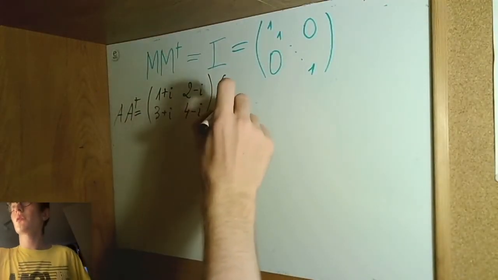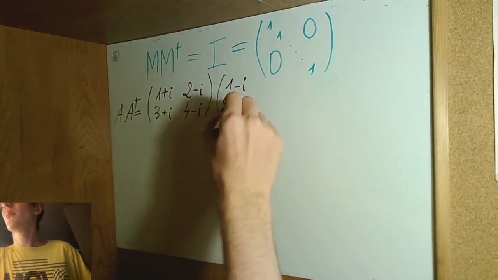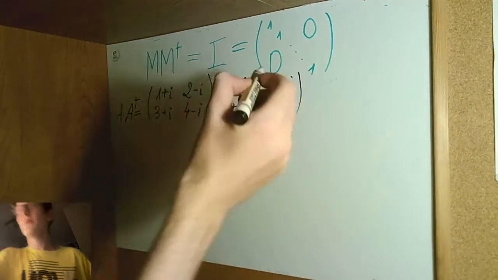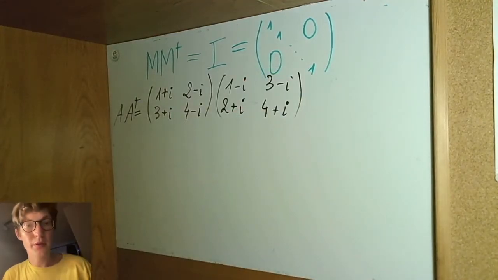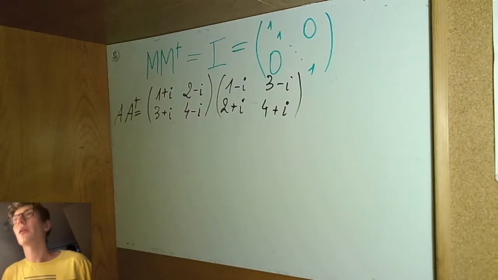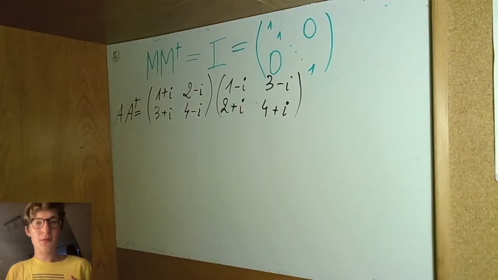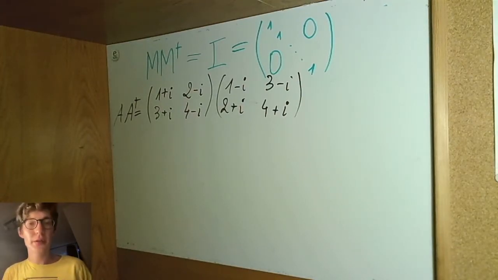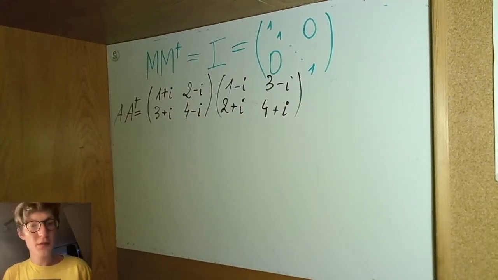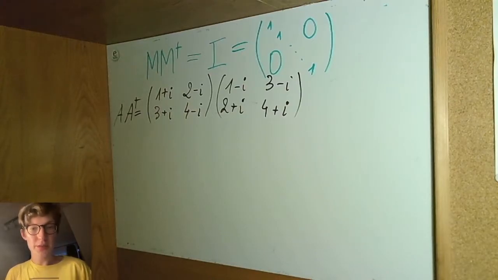And its Hermitian conjugate is 1 minus i, 2 plus i, 3 minus i, and 4 plus i. Okay, so that's the product we are going to compute. And actually what is worth observing here is that equivalently we can talk about the condition whether these rows are normalized vectors, right?